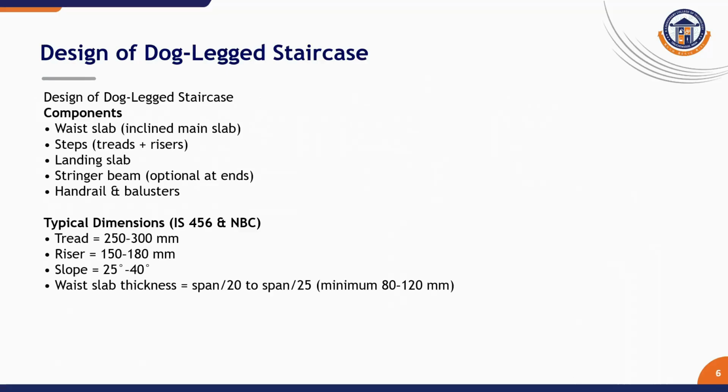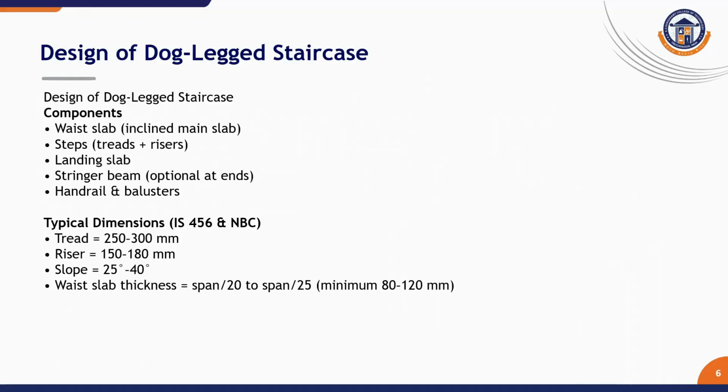The dogleg staircase is the most common type in residential and commercial buildings. Some of the components are waist slab, inclined main slab, steps, treads and risers, a landing slab, stringer beam, which is optional, handrails and balusters.